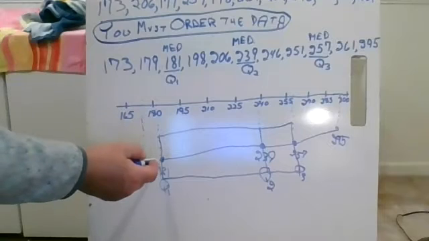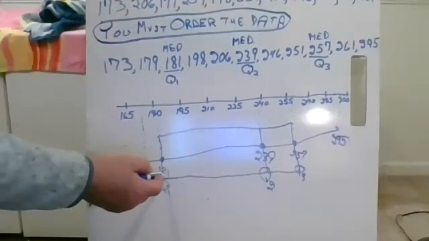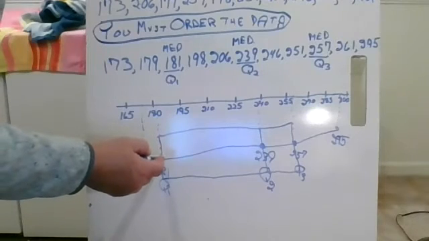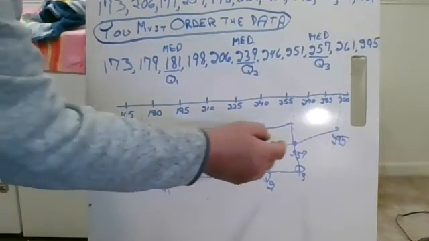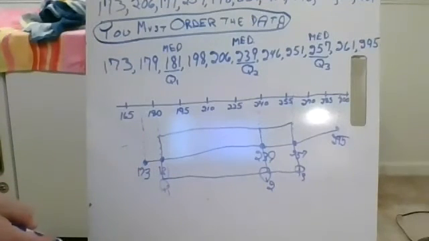So there's 25% of the data to the left of 181. What percent of the data is in the big box? Who knows?